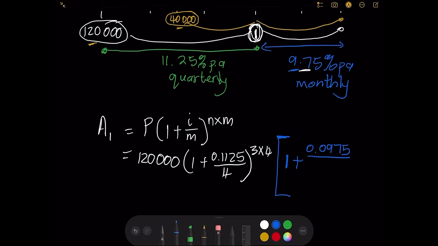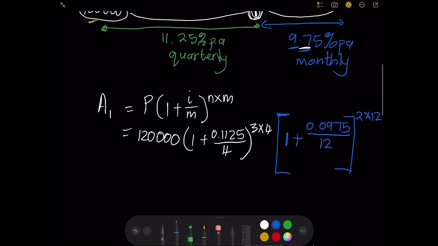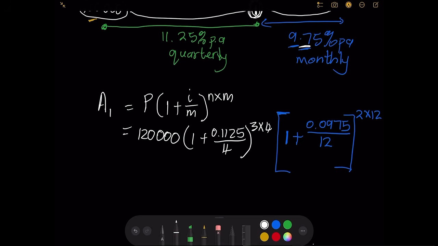Remember, this is now the compounding interest for the last 2 years, divided by 12, because it is now earning interest monthly. So that would be 2 years multiplied by the number of months in that year. Like I did in my first example, I'm not going to calculate the final amount here. I'll do that all together when I do it in the calculator.